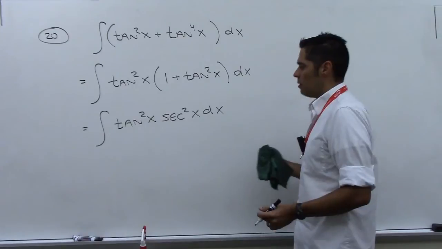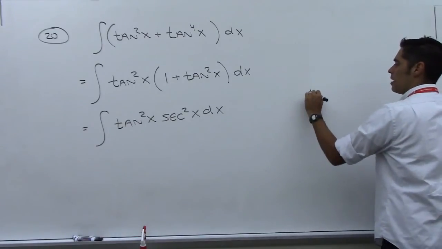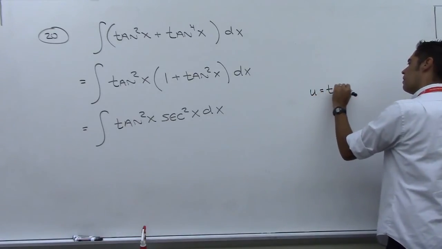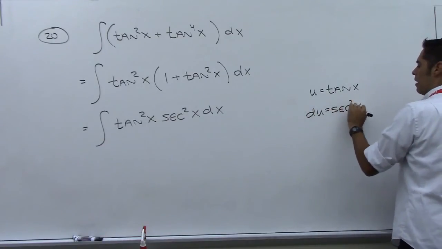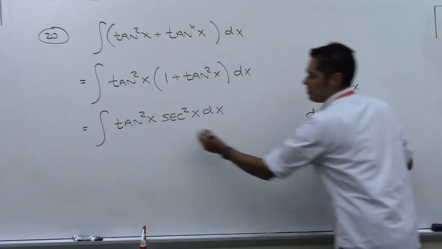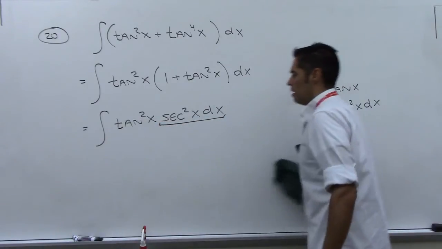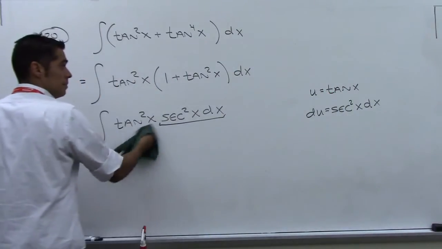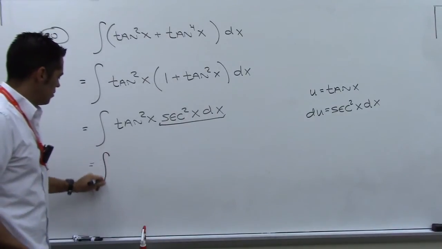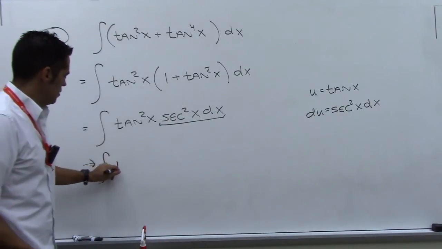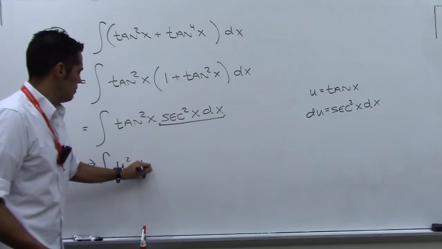I've got an even power on secant. Whenever that happens, I let u be tangent x. The derivative of that is secant squared x dx. I have secant squared x dx. I just need to make sure I rewrite this. But u is tangent. So this is just going to be integral u squared du. That's it.